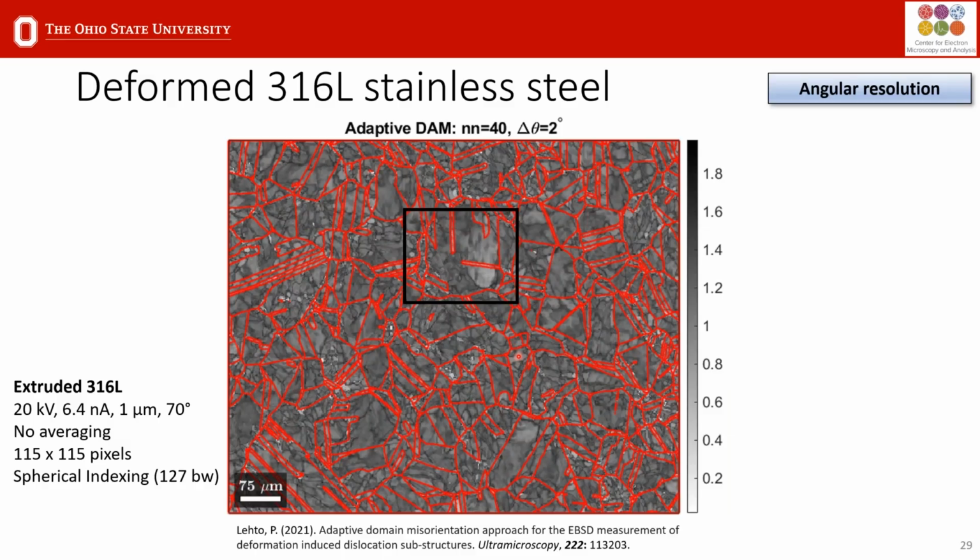What you can also do is to take that orientation map and then apply this sort of adaptive domain misorientation analysis. Basically what it does is it takes a kernel average misorientation, but using a large number of nearest neighbors. And what it will give you is the sub-grain structure. So you can see that those areas in the sample that are very similar in orientation will be outlined, and it will identify these sub-grain structures quite nicely.